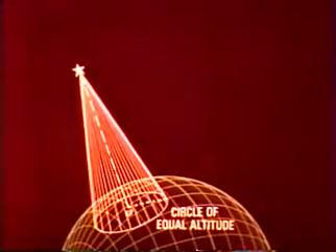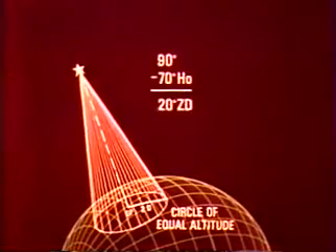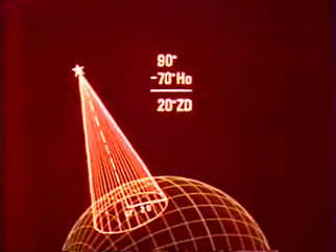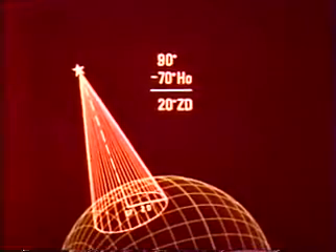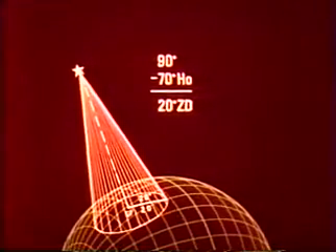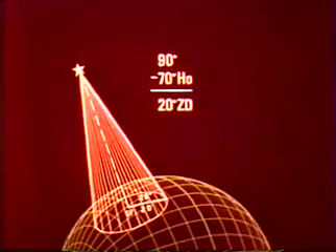This is the first step toward determining a line of position. To find out how far away you are in nautical miles, merely compute the zenith distance. 90 degrees minus 70 degrees observed altitude equals 20 degrees. Therefore, 20 degrees arc distance separates your position on Earth from the GP of the star.